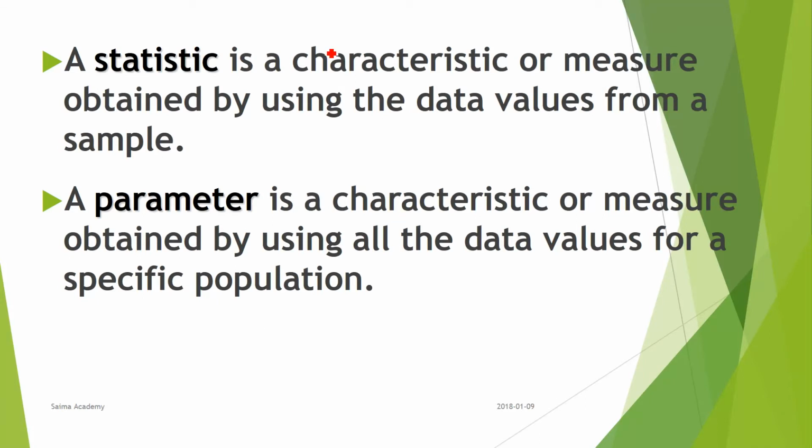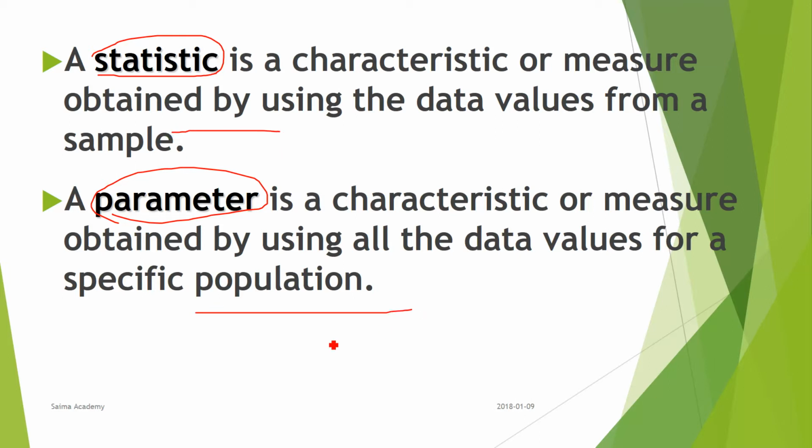Before going to start mean, I will explain to you two terms. One is the statistic and the other is the parameter. What is the difference? I told you in lesson number 1 about sample and population.